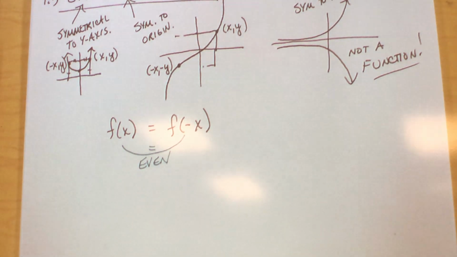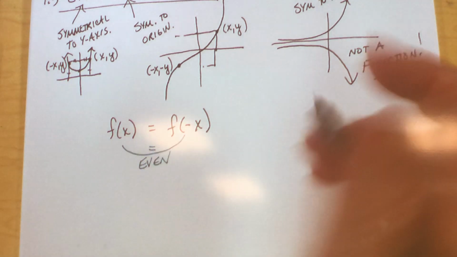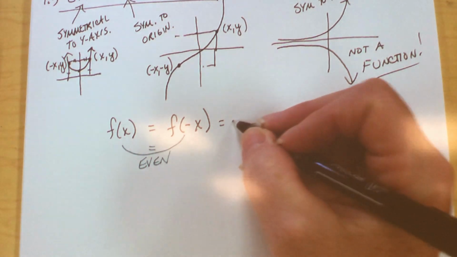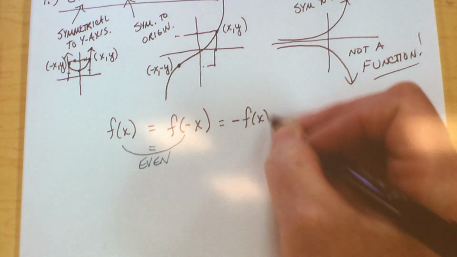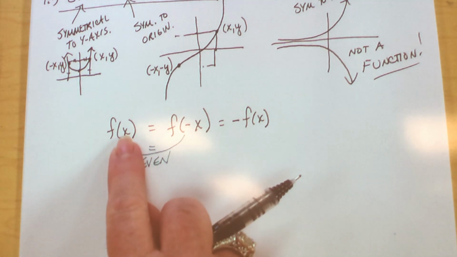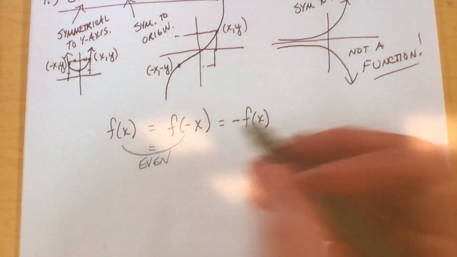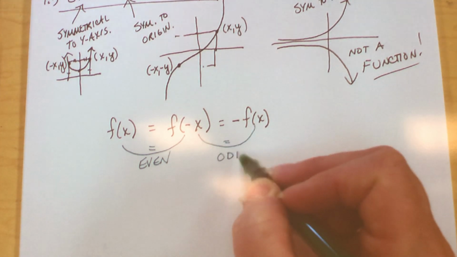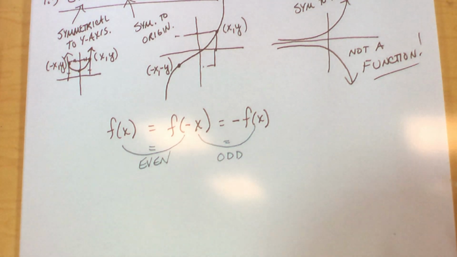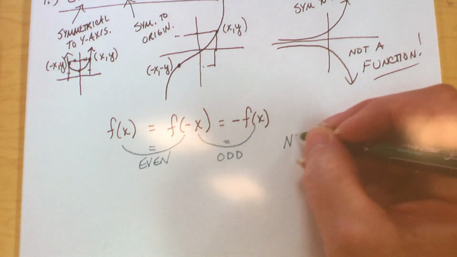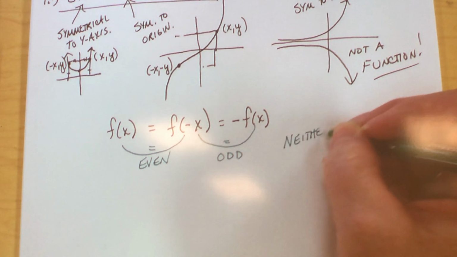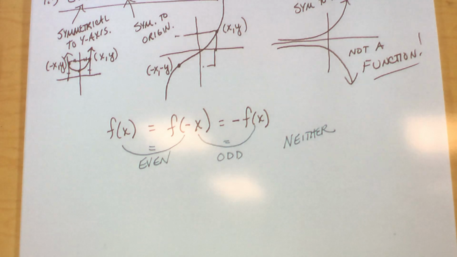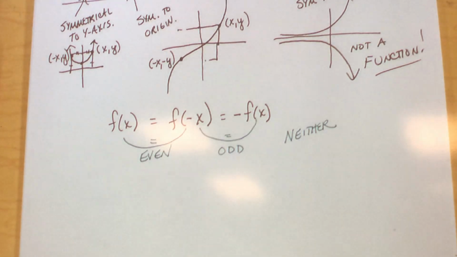If those are not equal, then you will have to find the opposite of f of x. Now, all that means is that you're going to take this function and change all of its signs. If these two things are equal, that means it's odd. If none of them are, then that means it's neither, not an even or odd function. Neither, however you say it. Okay? Anybody have a question?